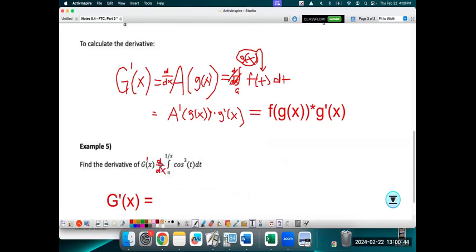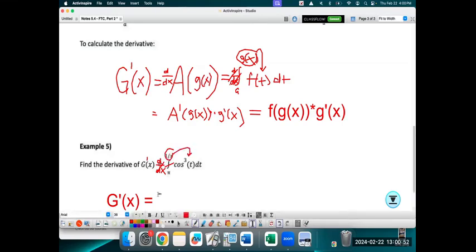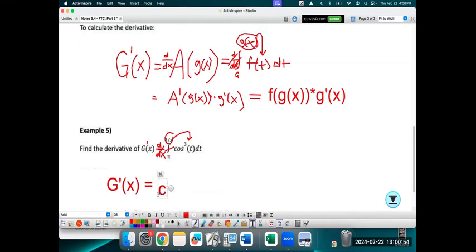Okay, so remember, derivative kind of cancels with your integral, and you plug that upper bound in. So we get cosine cubed of 1 over x times the derivative of 1 over x.